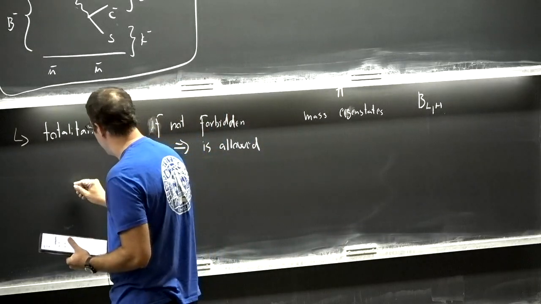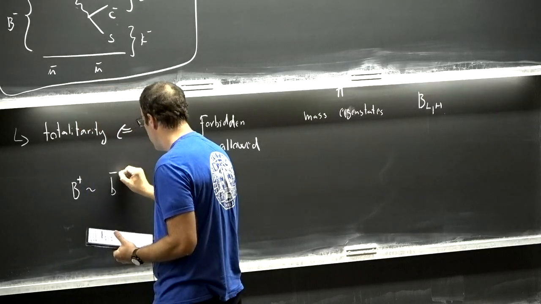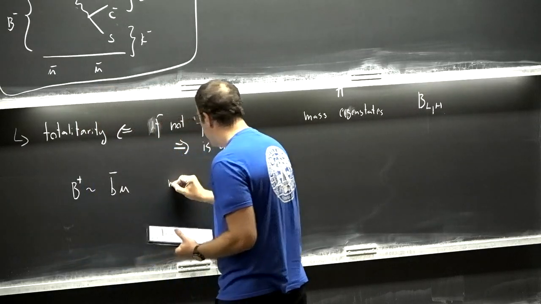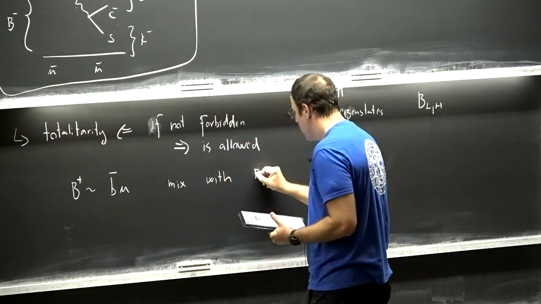All right. So for instance, could I have B plus, so that's B bar, mix with B minus?